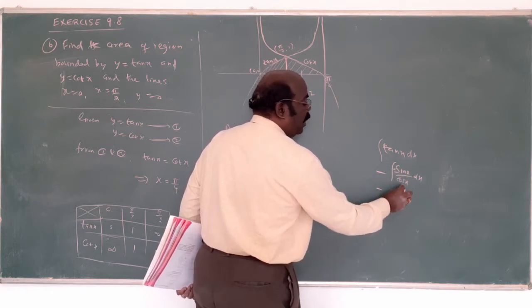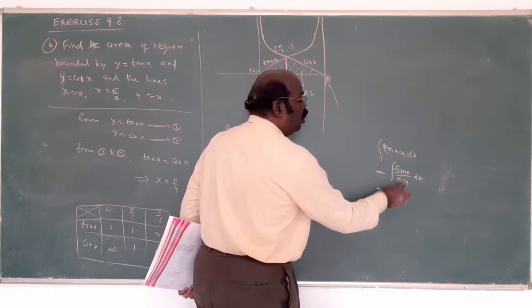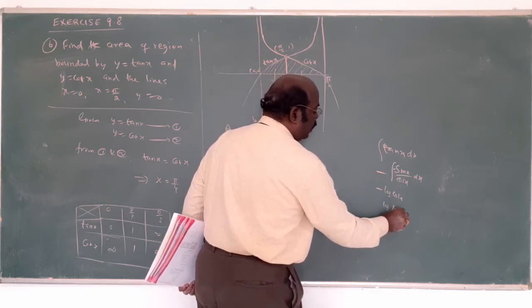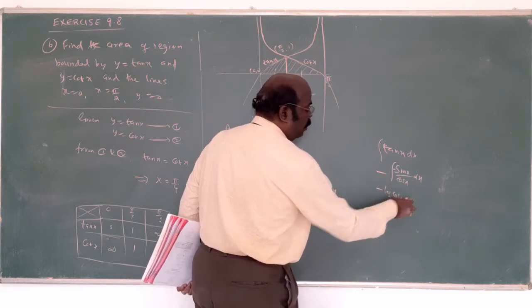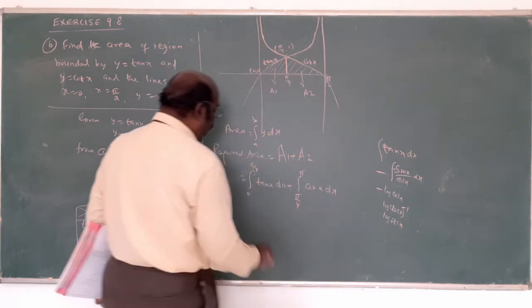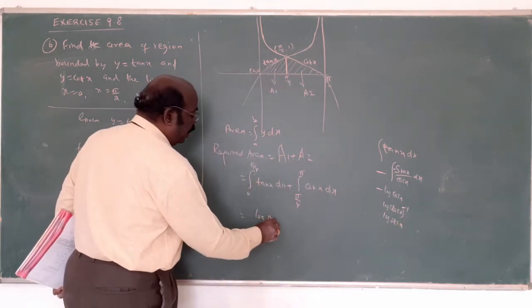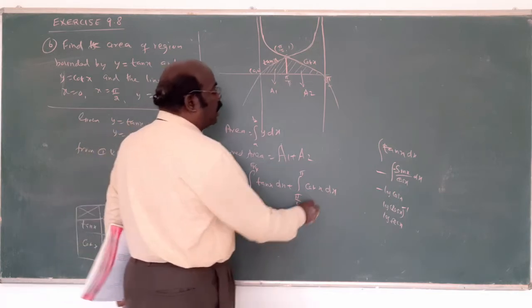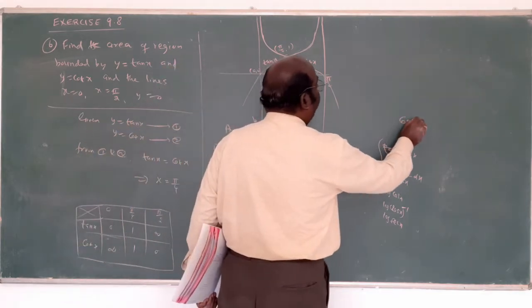Minus log of cos x, which can be log of cos x whole inverse, log of 1 by cos x, secant x. So the integration of tan x becomes log secant x, after the limit 0 to pi by 4. Here cot x is what? Cos x by sin x. Okay?